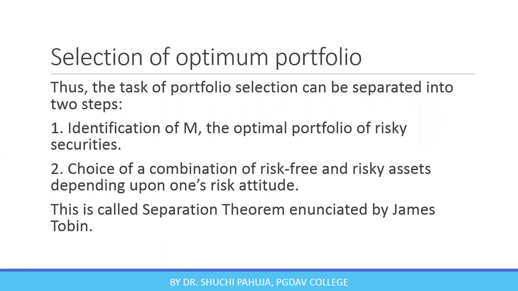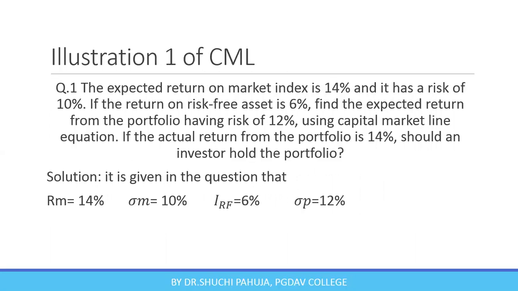Now you can do some questions on CML. See this first question. The expected return on market index is 14%. This means return on market portfolio is 14%. It has a risk of 10%. If the return on risk-free asset is 6%, find the expected return from the portfolio having a risk of 12% using capital market line equation.